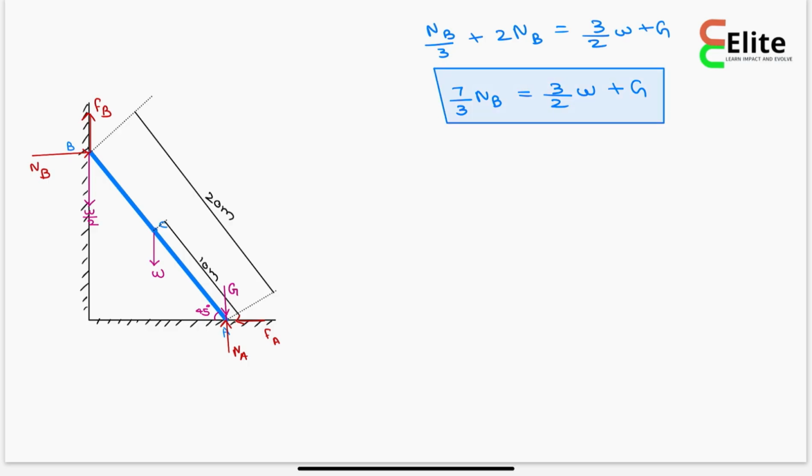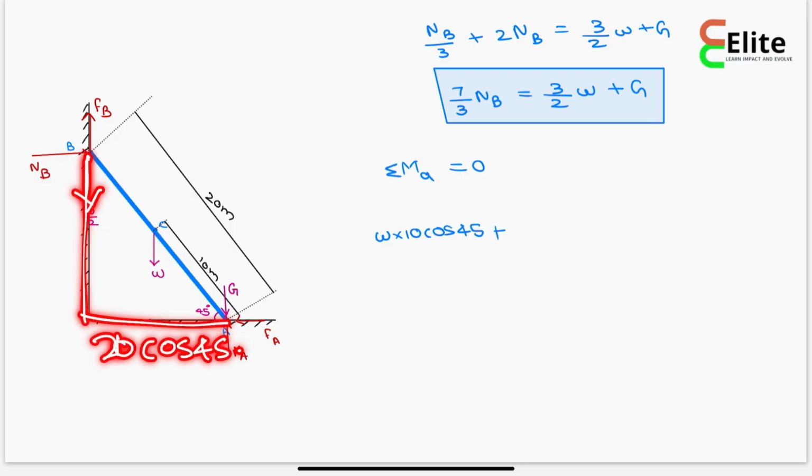Now we can do summation of moment about point A is equal to 0. First of all, these three forces do not produce any moment at point A. So this weight W produces an anti-clockwise moment at A, and this distance is 10 cos 45. So W into 10 cos 45 plus, this weight W by 2 produces an anti-clockwise moment here, and this distance is 20 cos 45.